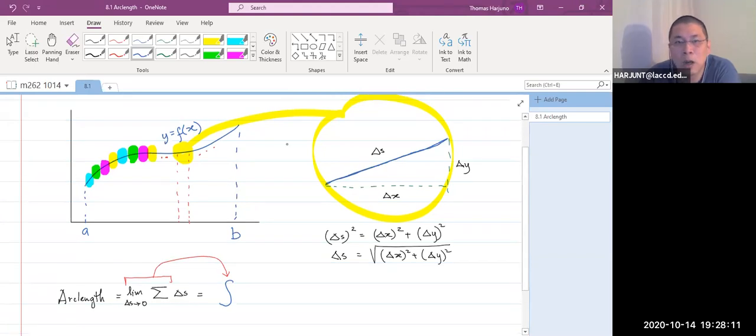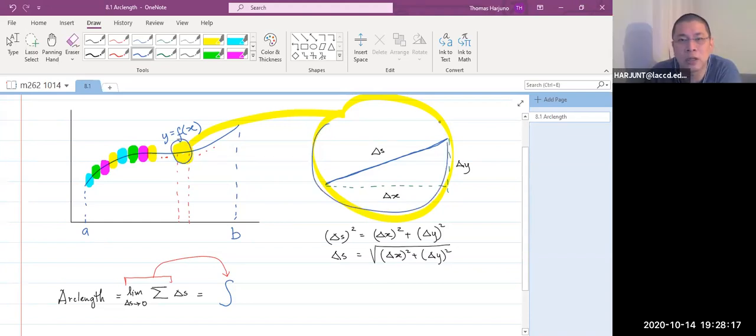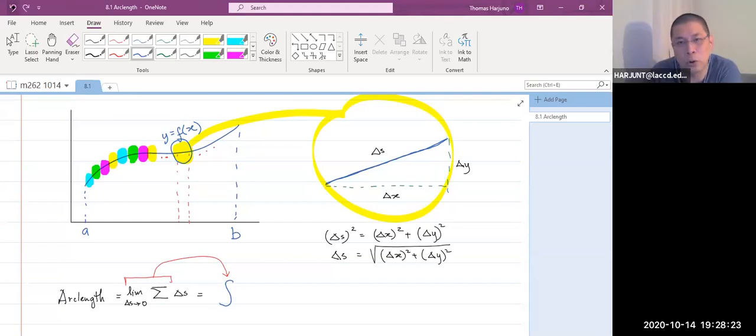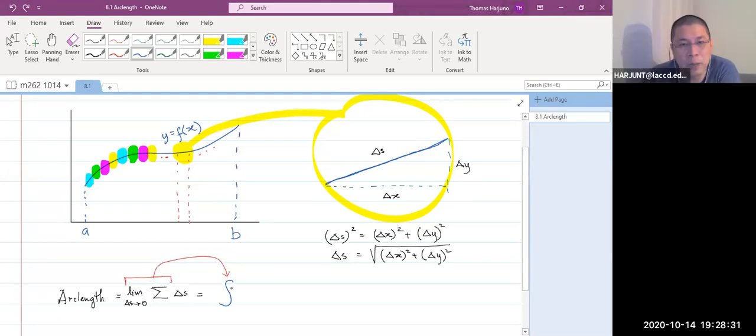Yeah, basically I supersum whatever I have there. We can call that delta S, we can also call that ds. It depends on whether you want to apply the limit or not. Once we apply the limit, the limit sum becomes an integral, while delta S becomes ds.